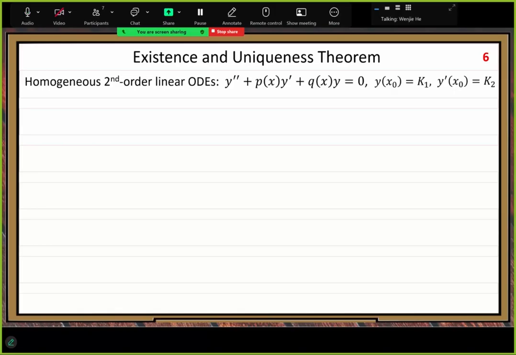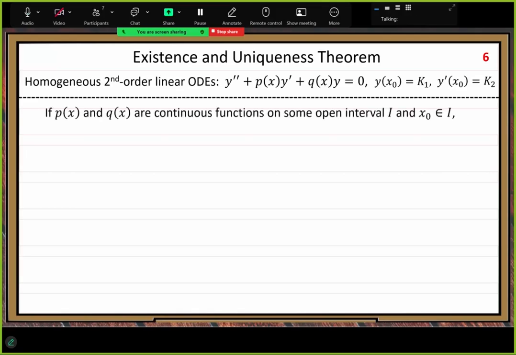First, look at the condition. Under what condition we have this result? The condition, we look at the P function and the Q function. These two functions should be continuous.